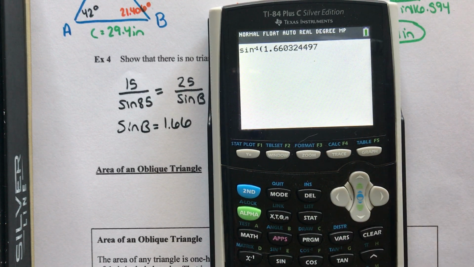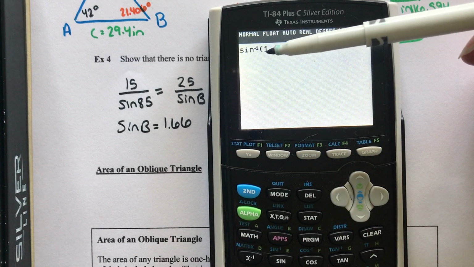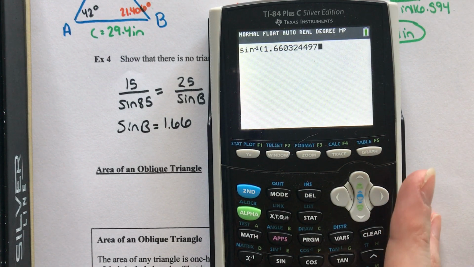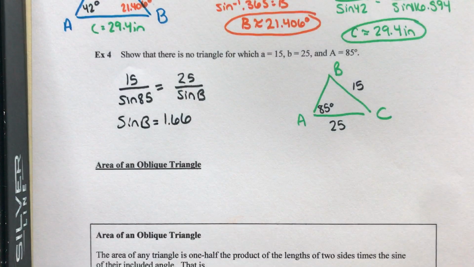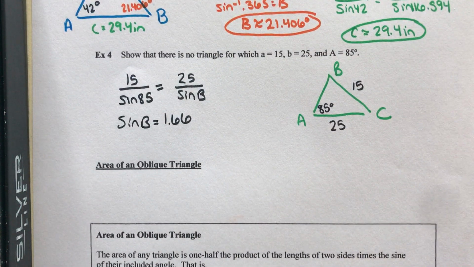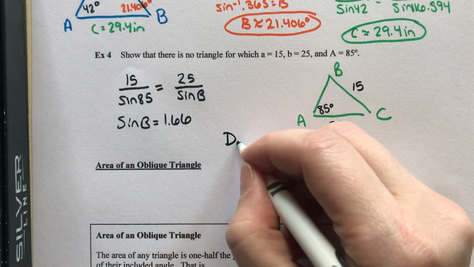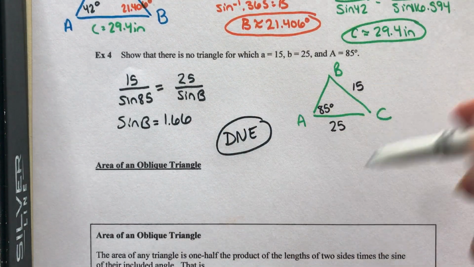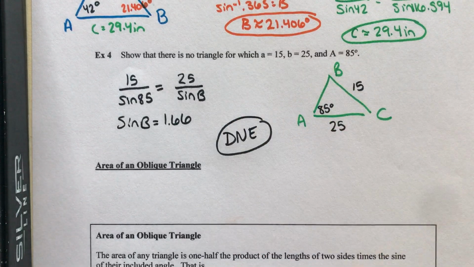Domain. So let's think about this. On our unit circle, is sine ever equal to 1.6? And that's no, because the unit circle doesn't go past 1. So this triangle would not exist. So you can put a big DNE. Does not exist for this one. So there's no way you could draw a triangle with these measurements and have it work out.